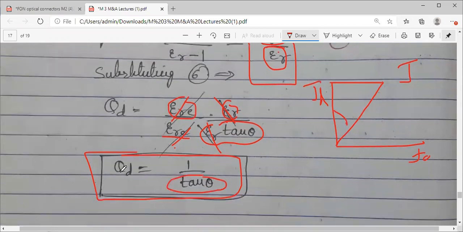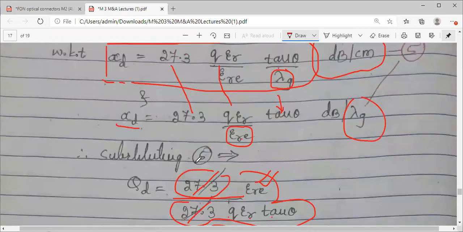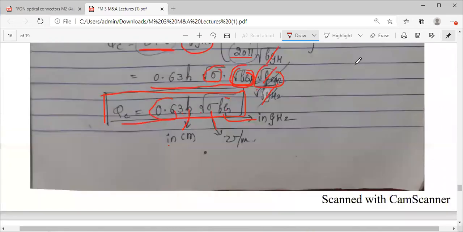And you can see in the QD expression, you don't find any frequency term. Try to compare it with the previous QC equation, the quality factor due to conduction losses, ohmic losses. You can see there is a frequency term, there is a conductivity term, and some geometry parameters too. So in case of ohmic losses, the quality factor depends on the frequency of operation.